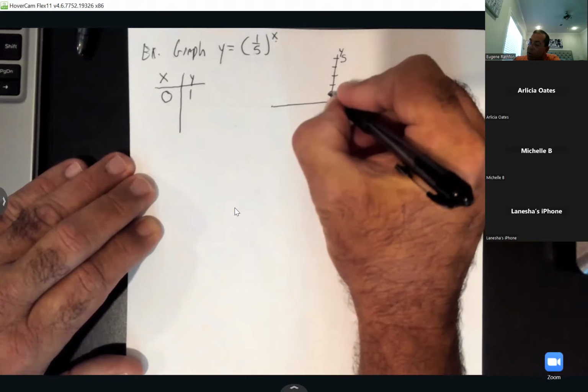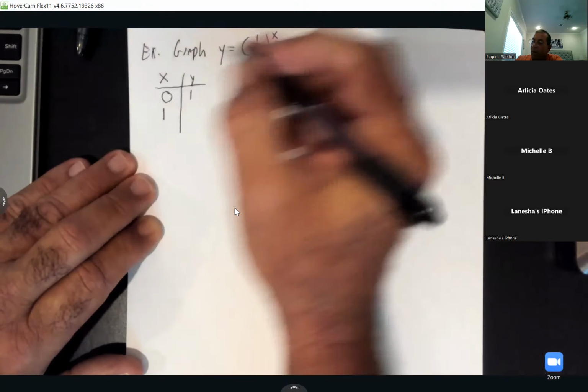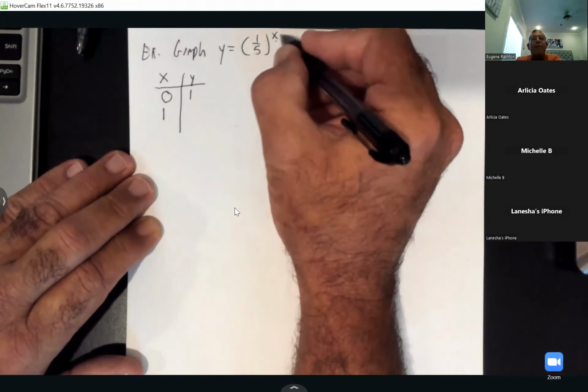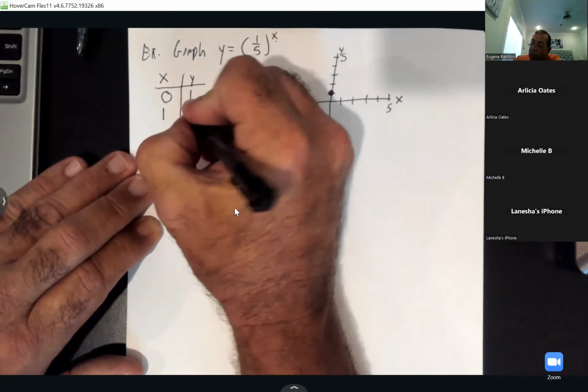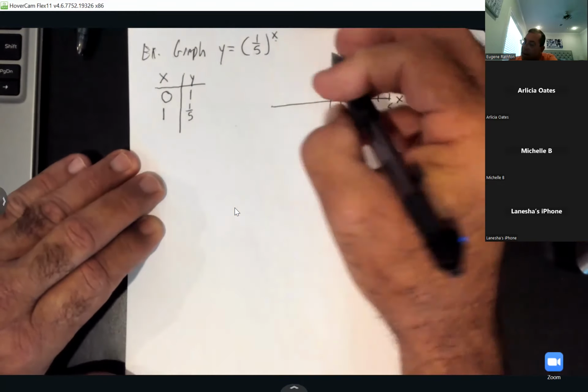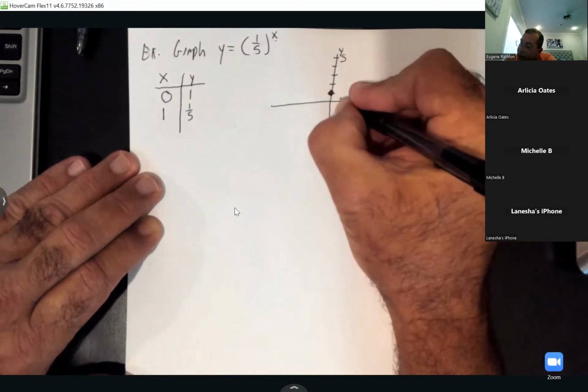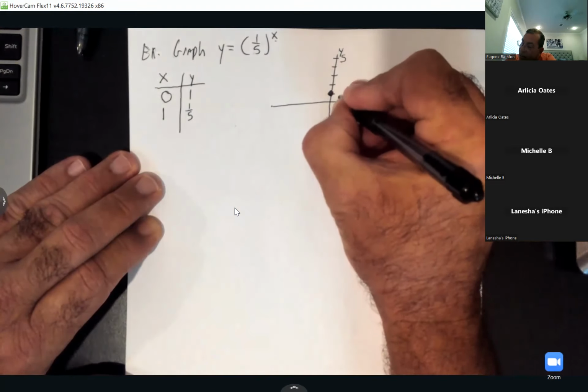So at 0, you're still at 1. When I put a 1 in there, 1/5 to the first power is 1/5. So y'all, instead of going up, this thing is starting to come downhill to the right.